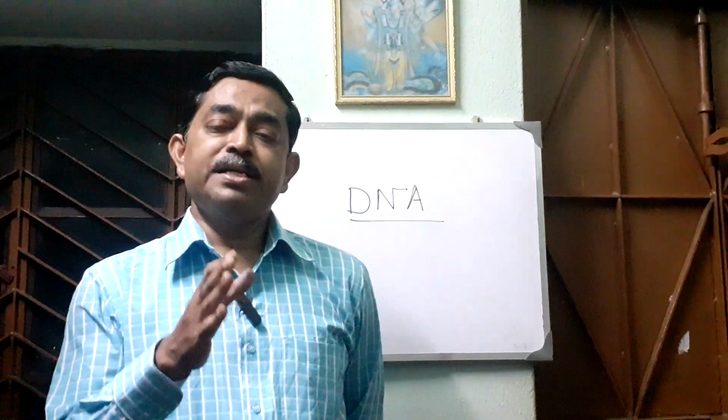Now come to the point: what is DNA and what is the structure of DNA? Watson and Crick described the DNA structure as a double helix structure. Double helix means a twisted ladder or twisted staircase-like structure.